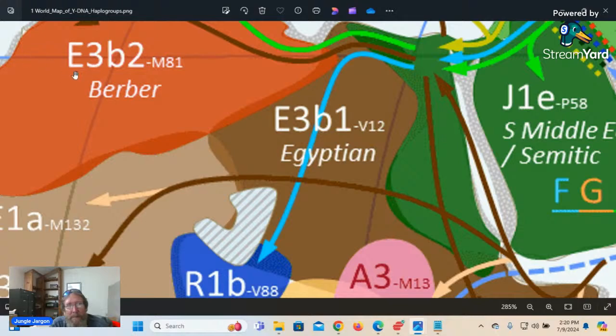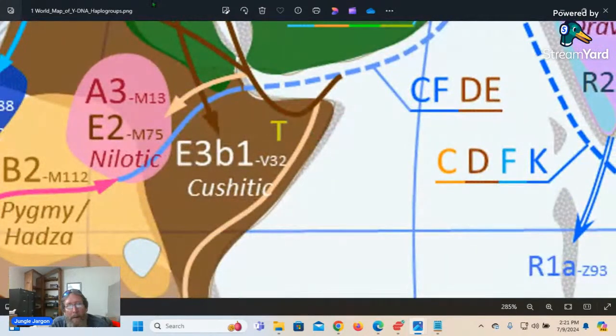It's all these E3s: E3 M81 Berber, E3 V12 Egyptian, E3 M13. Oh, that's A3. E3 V32. All these E3s are one group, and then there's E2.